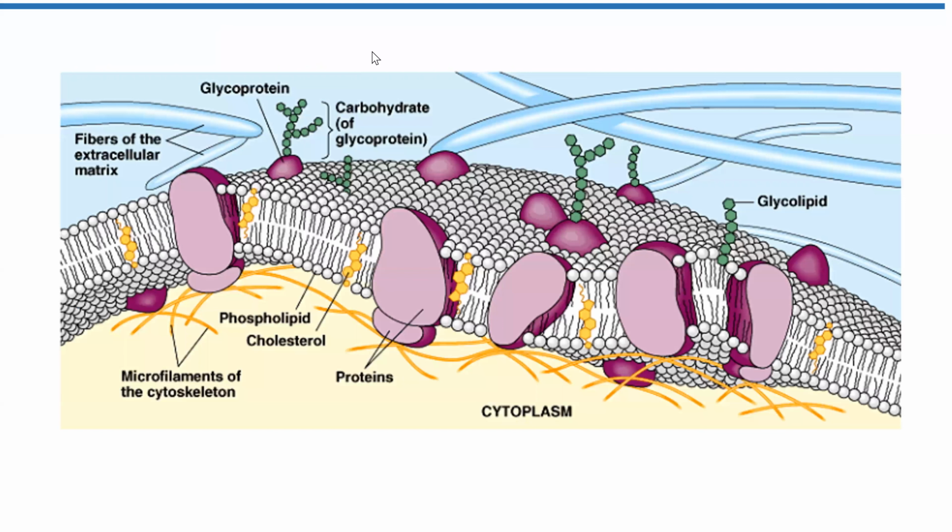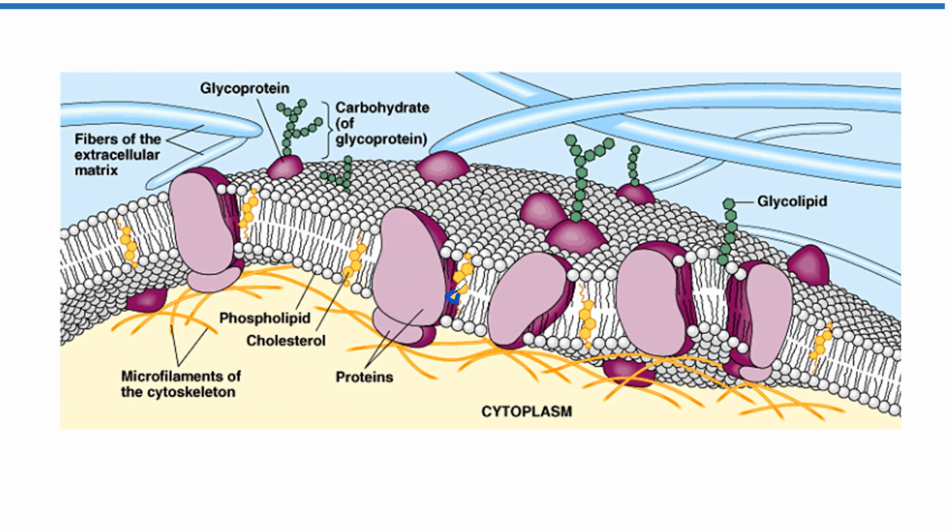Okay, so here you can see a diagram of the cell membrane. This structure with the head and two tails represents phospholipids, and you can see we have two layers, an external and an internal layer of phospholipids. That's why we call it a phospholipid bilayer. The purple structures are proteins.